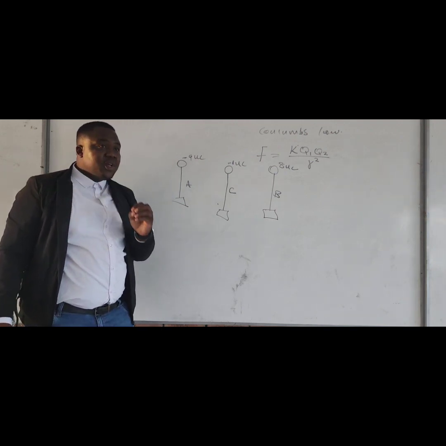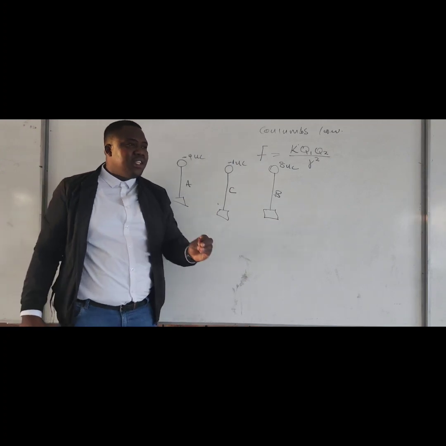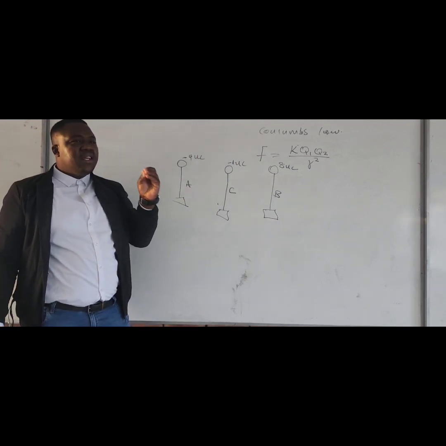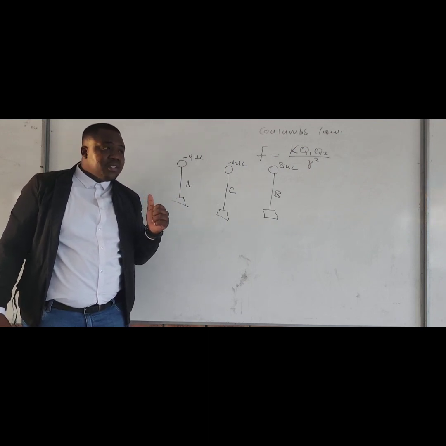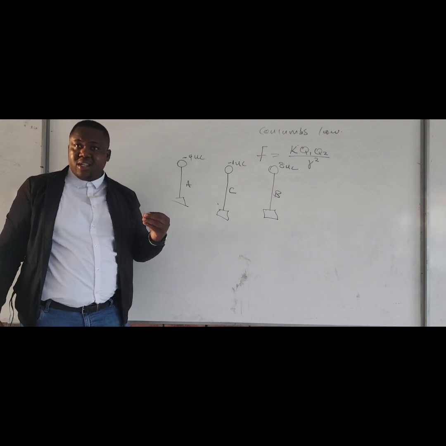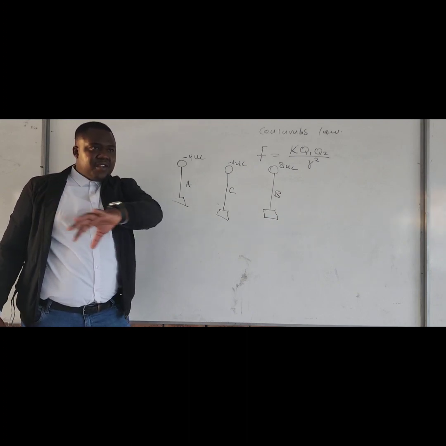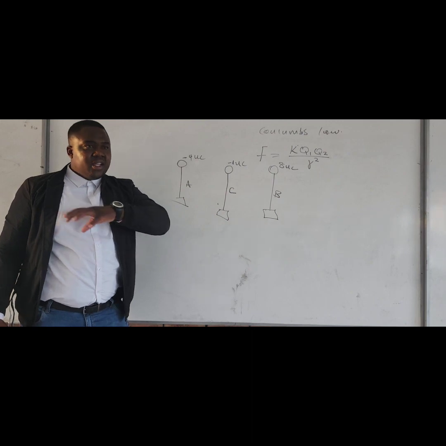But let us listen to the question. The question requests us to calculate the net electrostatic force, right? The word net means the sum of the total. It is like summing all the electrostatic forces.